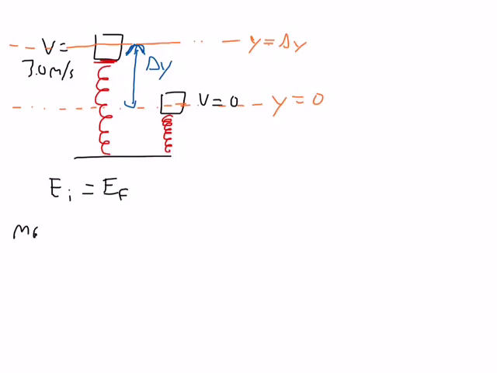Before, we have mg delta y, that's our potential energy, plus 1/2 mv squared, because it's moving as well. And after, we only have spring potential energy, given by how much the spring is compressed, which is that delta y again. And the spring potential energy is 1/2 k delta y squared.